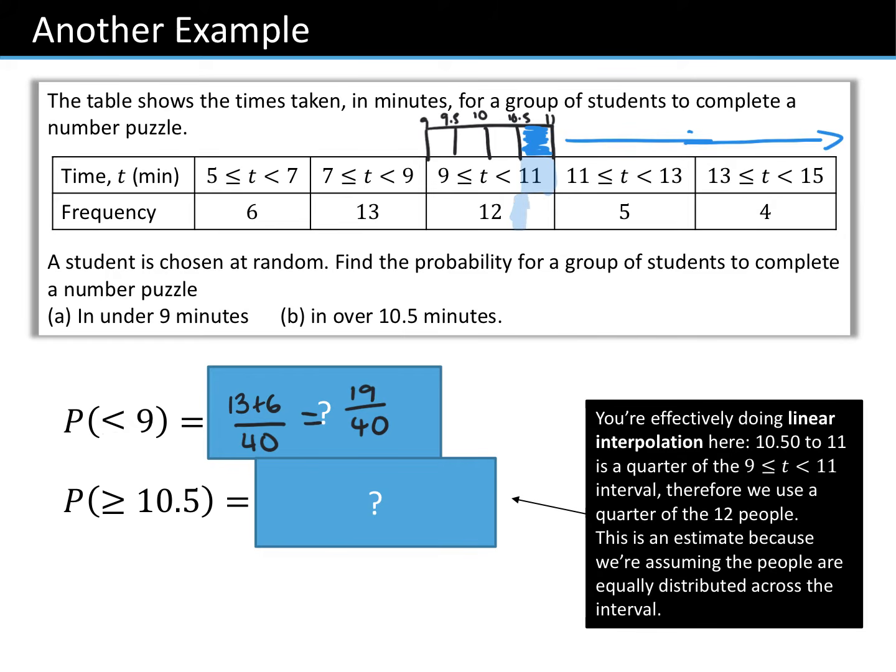What is a quarter of 12? 3. So this is going to be 3. So we're going to have 3 plus 5 plus 4, because we want greater than 10.5, all over our total, which is in fact 40. 3 plus 5 plus 4, 12 over 40.